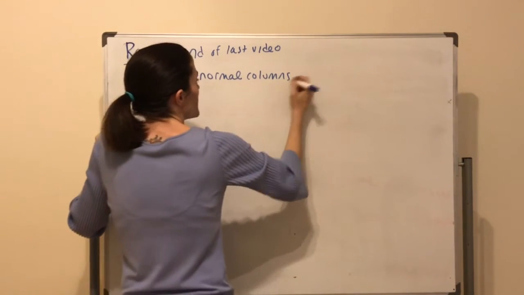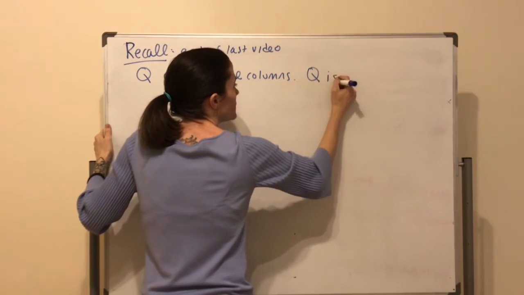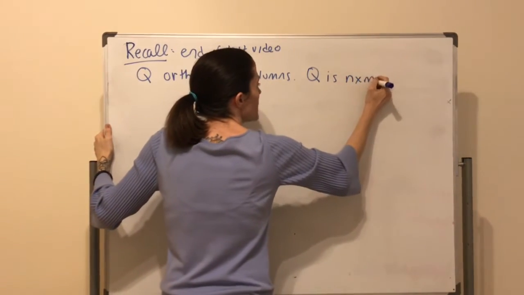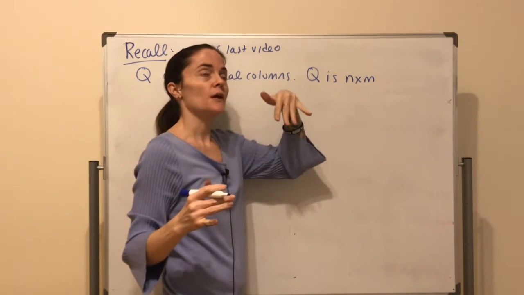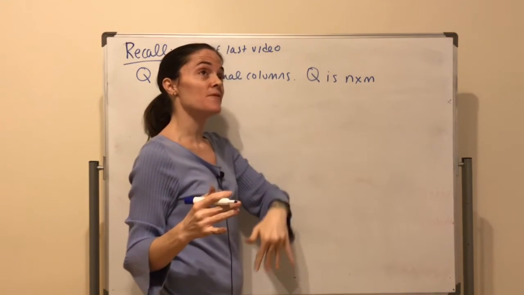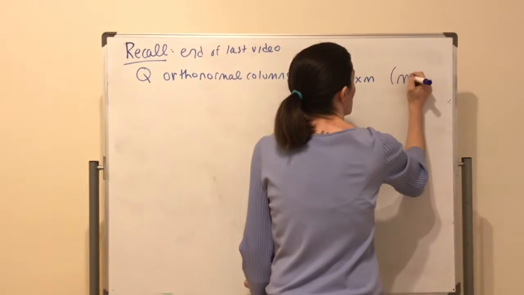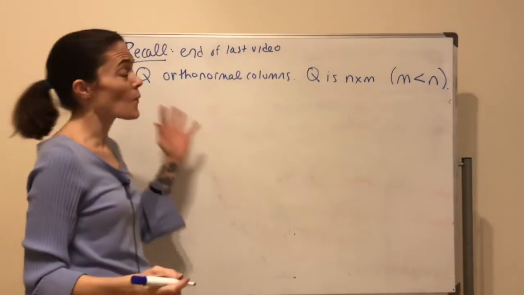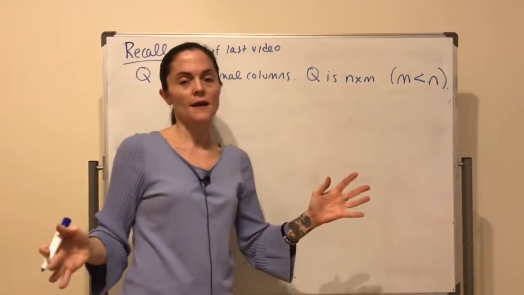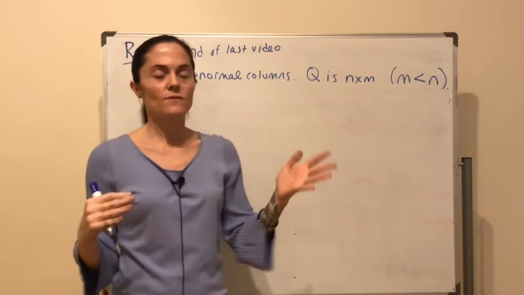So Q would be n by m, and, well, in order for the columns, m of them, to be independent, we need m strictly less than n. Okay, I'm not talking about square ones. If it's square, we know what's going on. It's an orthogonal matrix, and the transpose is the inverse, right?